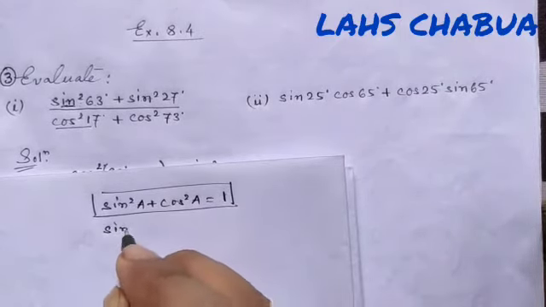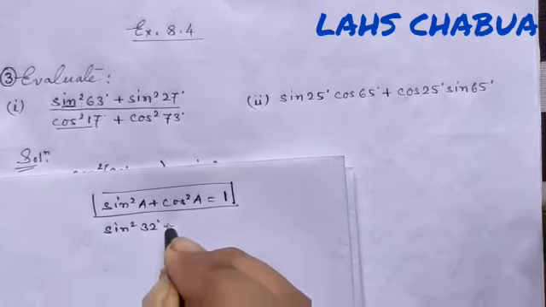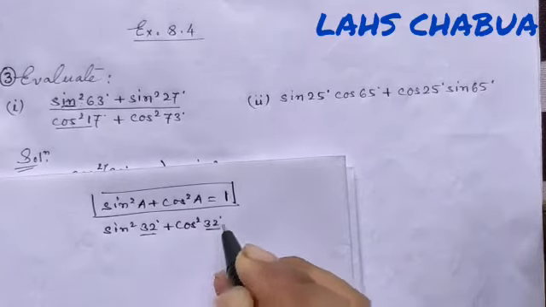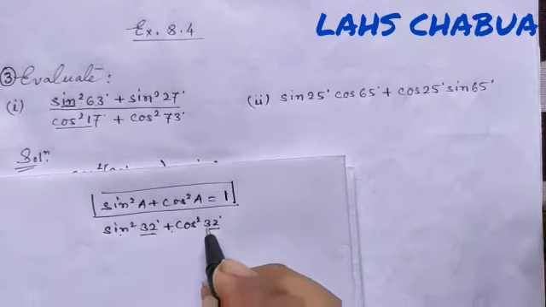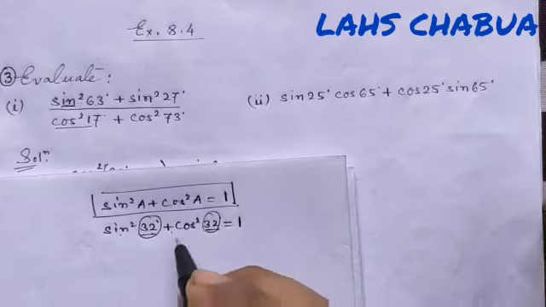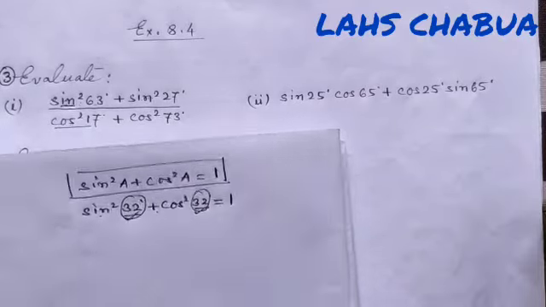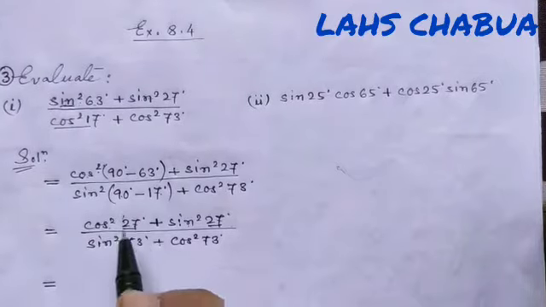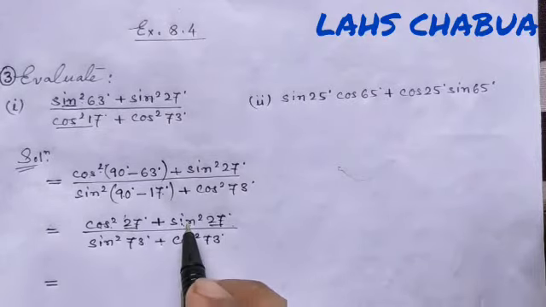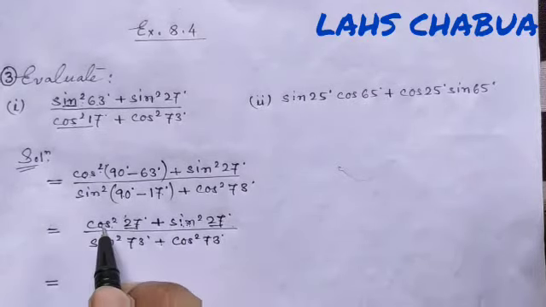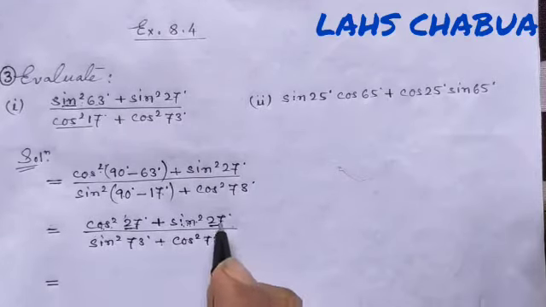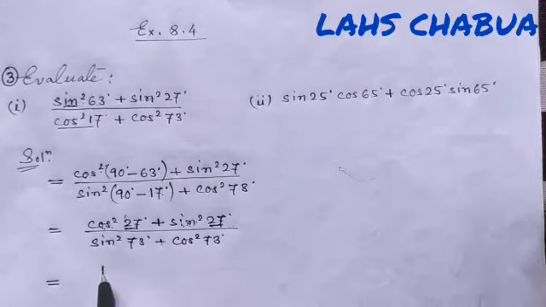Suppose sine square 32 degree and cos square also 32 degree. Remember, if these two angle measurements are the same, then sine square 32 plus cos square 32 will become 1. Both acute angle measures should be the same. So here also, cos square 27 plus sine square 27 has acute angle measurements the same, so by the identity we can write 1.